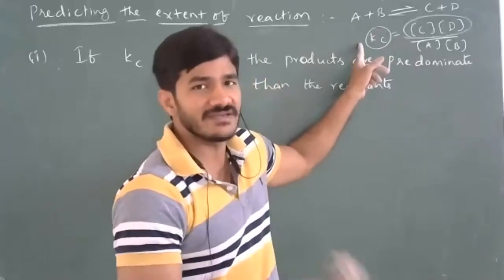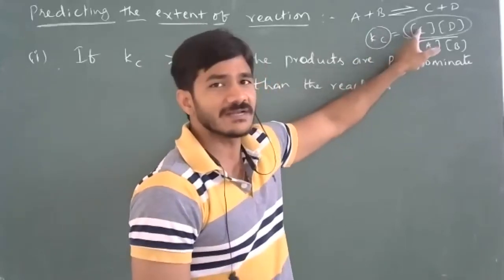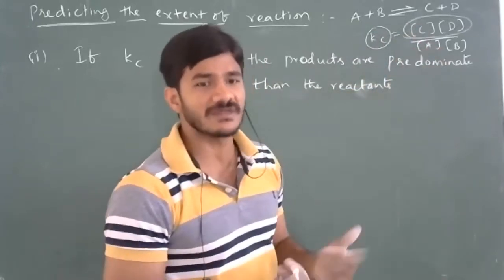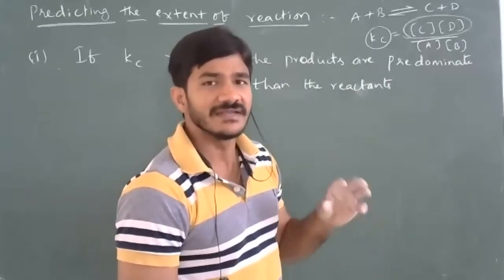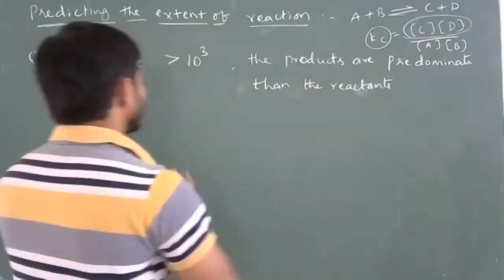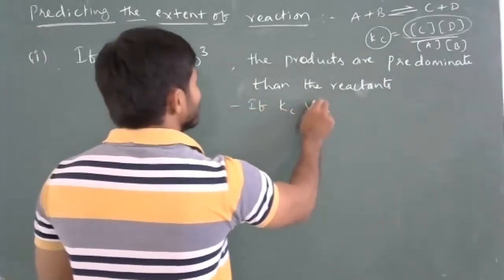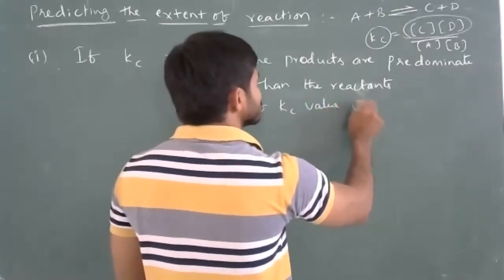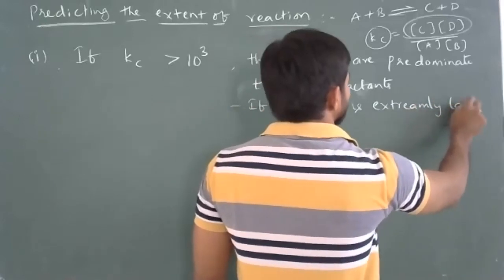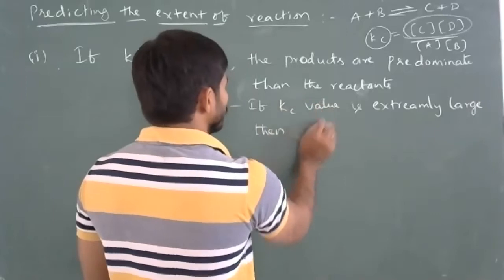If Kc value is extremely large, then products are almost completely formed from the reactants. So we can say that the reaction is almost completed when Kc value is extremely large. I write it as one point: if Kc value is extremely large, then reaction is almost completed.